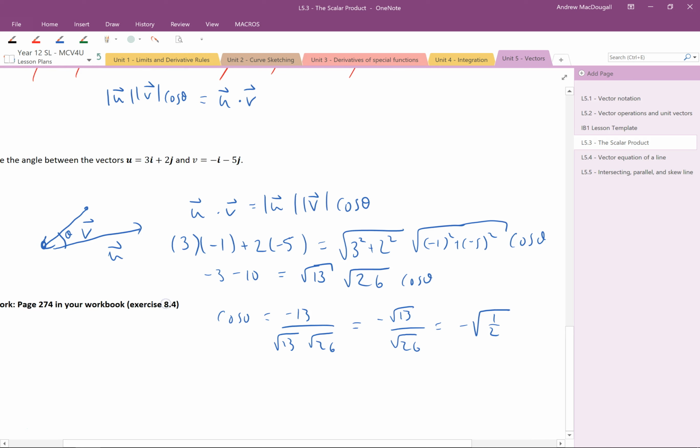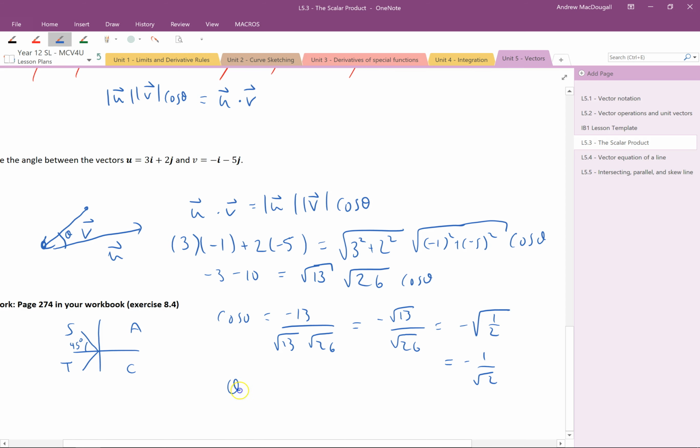Okay, so that is actually a special angle because that's -1 over root 2. So we know where cosine is negative. It could be either of these angles with a reference angle of 45 degrees. We always take the angle less than 180 degrees.